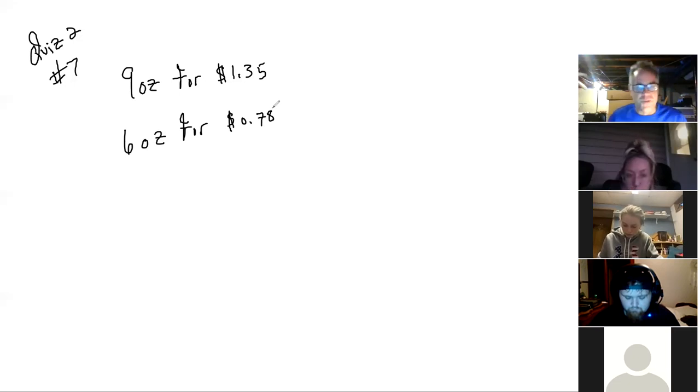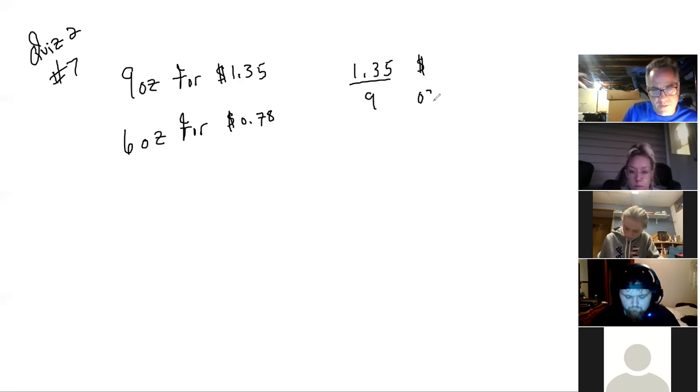And so what you would really want to look at is how much per ounce, per 1 unit. That's how you'd want to compare. So we've got $1.35. I'm gonna put dollars here, 9 ounces, or dollars per ounce.